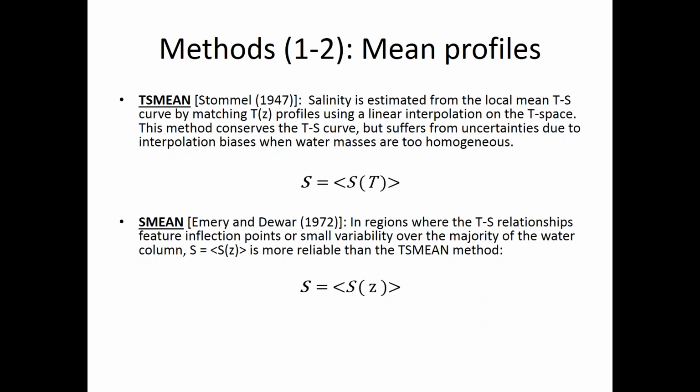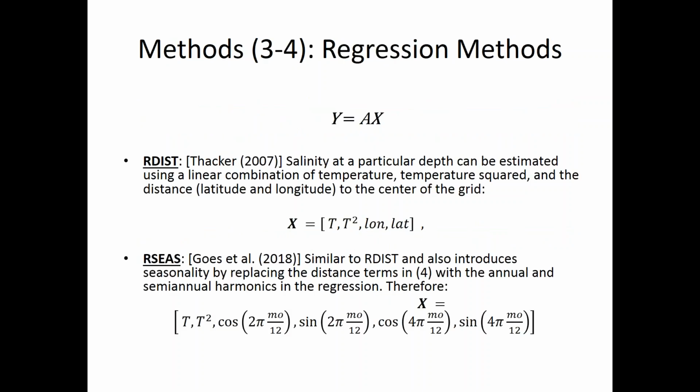And the other is the salinity mean, that's Emery and Dewar. What they say is that exactly in the region where the water is too homogeneous, we can use just the mean salinity profile, and this would be better than the mean TS instead. And the other 2 methods are based on a linear regression method.